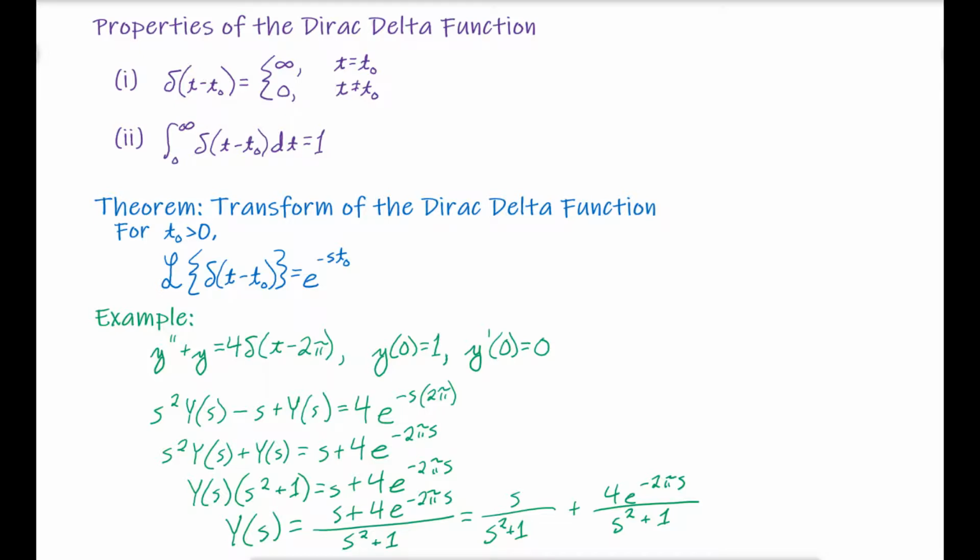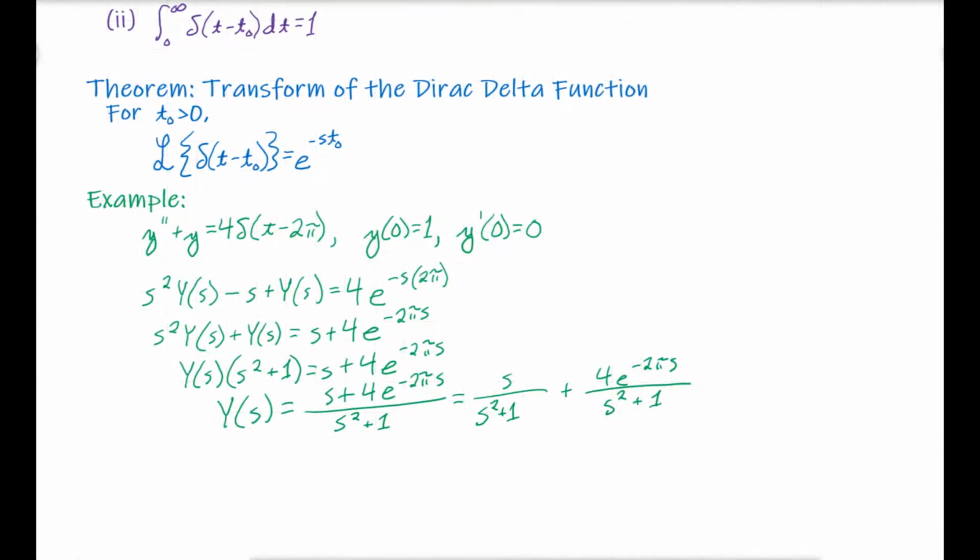So this is actually going to end up being our cosine of t plus, pulling the 4 out in front, and then noticing that it looks like sine of t minus 2 pi. It's been shifted by 2 pi, and then we have to multiply by that unit step function of t minus 2 pi.